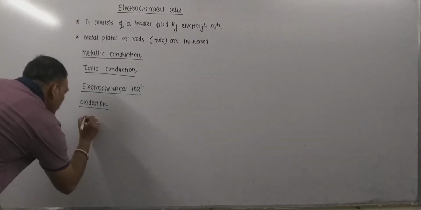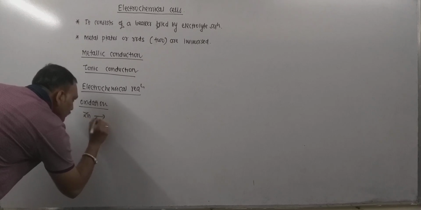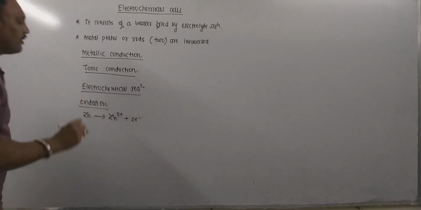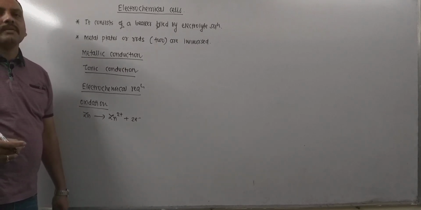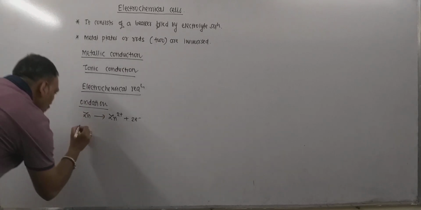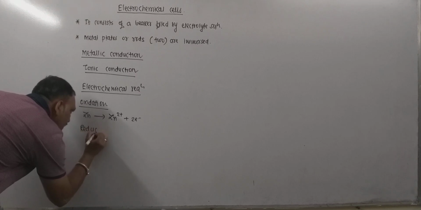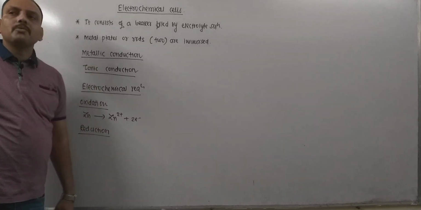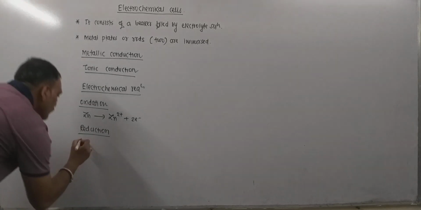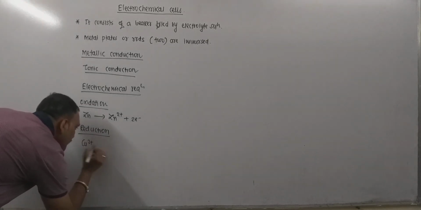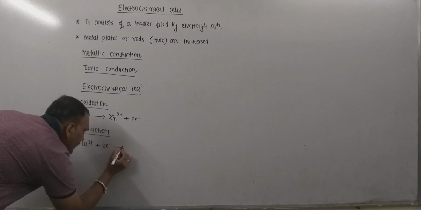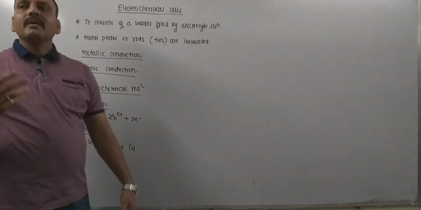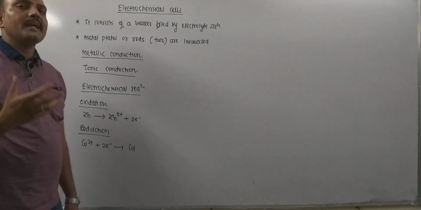So, for example, if we consider zinc, then the given material may undergo this way, liberating electrons. And at the other electrode, another very important reaction, reduction, takes place. If the other material used is copper, then the copper ions residing there gain electrons and undergo reduction. So what is reduction? Reduction is the process of gaining of electrons.